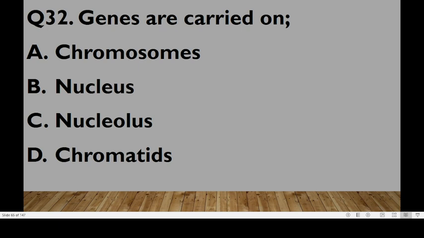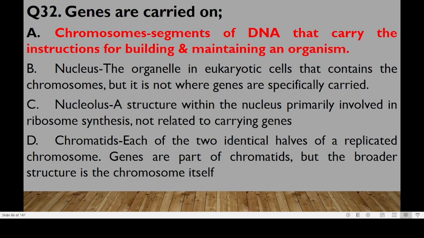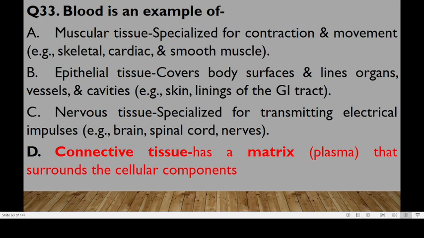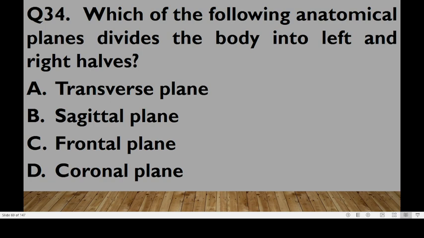Genes are carried on chromosomes, guys. These are simply segments of DNA that carry the instructions for building and maintaining an organism. Blood is an example of a connective tissue because it has a matrix, that is the plasma, that surrounds the cellular components.